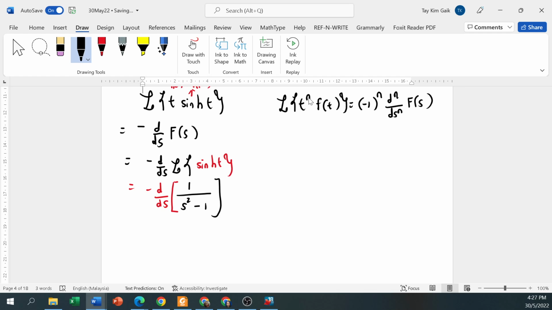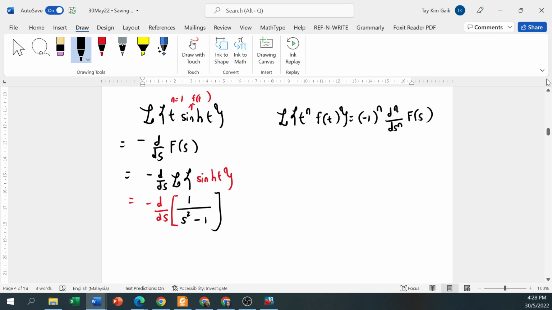So t power n, compare here, n is 1, so the formula is negative 1 power 1, so it's negative. n is 1, that's why it's negative d/ds F(s). To get F(s), you have to find the Laplace transform for f(t). f(t) is hyperbolic sinh t, and the Laplace transform of hyperbolic sinh t is 1 over s squared minus 1.